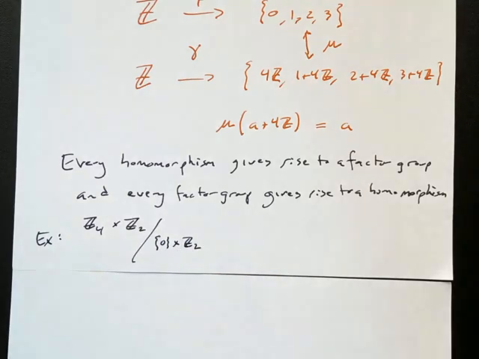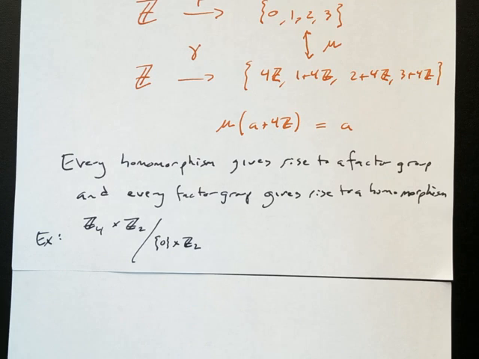I want you to think about the group Z4 times Z2, the Cartesian product. First question, how many elements are in Z4 times Z2? 8.